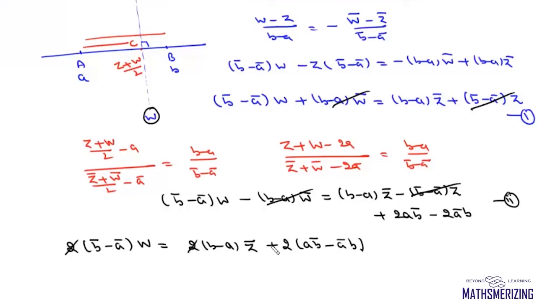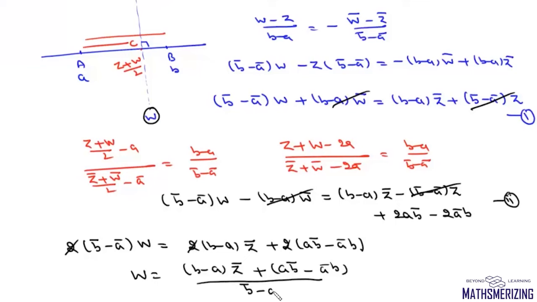I will cancel the 2 with 2. We can write W as ((B minus A) Z bar plus A B bar minus A bar B) upon (B bar minus A bar). And that is the formula for the image of a point in a line.